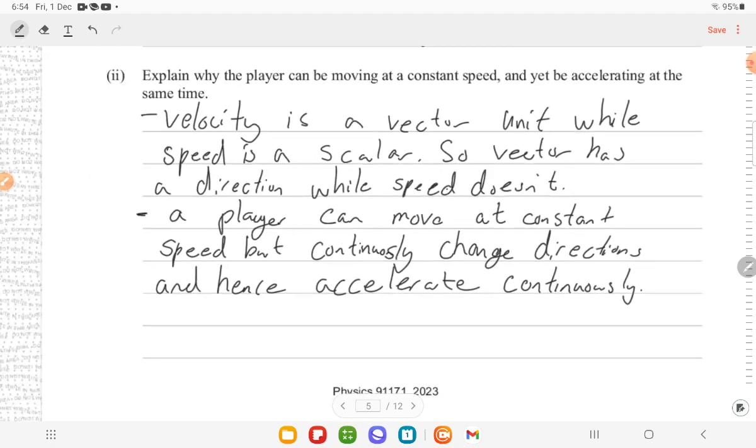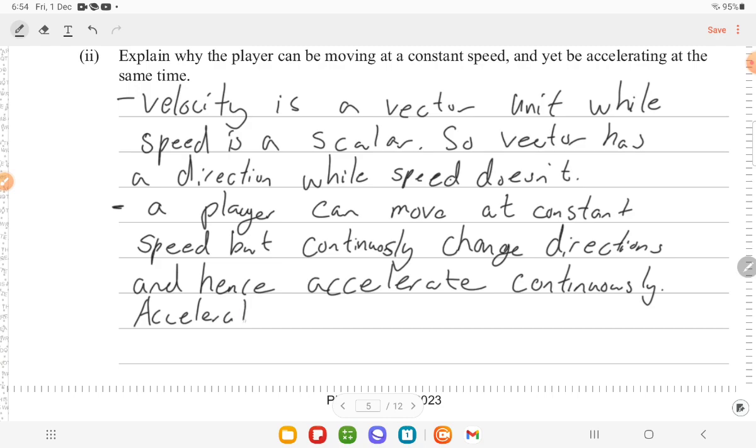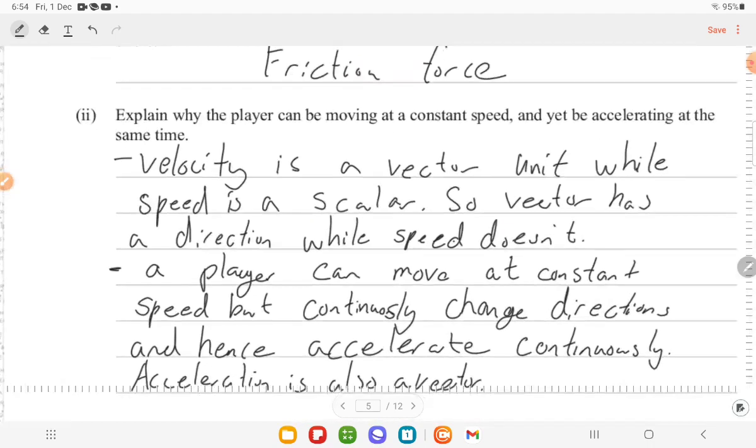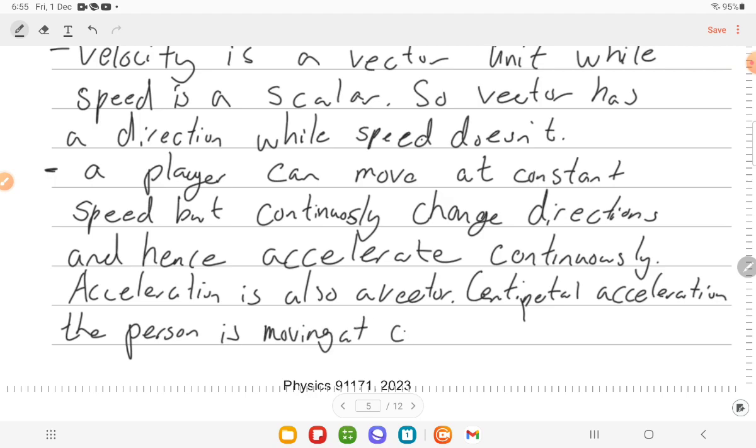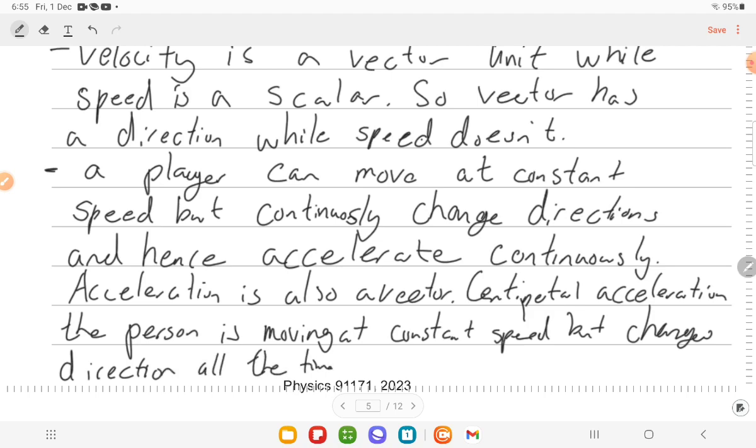Acceleration is also a vector, and yeah, you can mention centripetal acceleration. The person is moving at constant speed, but changes direction all the time, so accelerates.